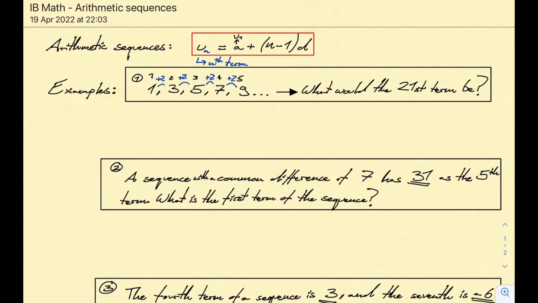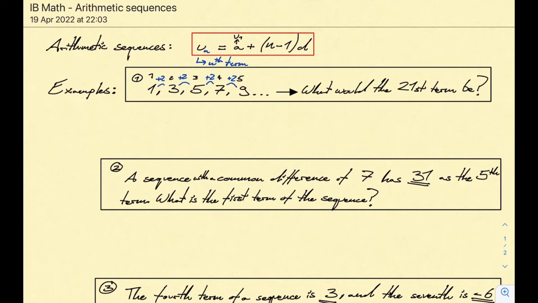So if we take a look at our first example, this is one of the most basic exercises and one of the first things you'll find in the chapter. They can ask you something like this: what would the 21st term of this sequence be? You can see how the question is written down here, and you've got this sequence here.